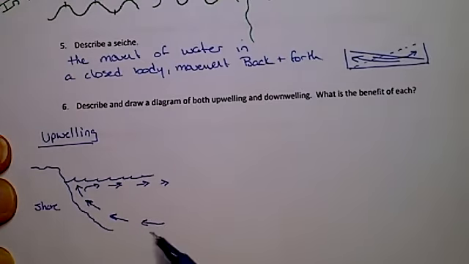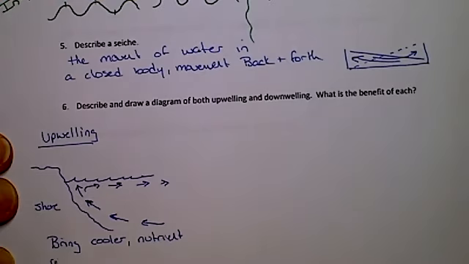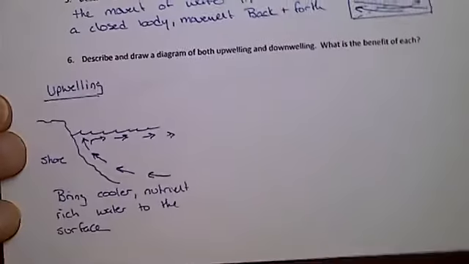This is what we call an upwelling because it is coming upwards. All right, and an upwelling will bring cooler, nutrient-rich water to the surface. Okay, sorry about that, guys.